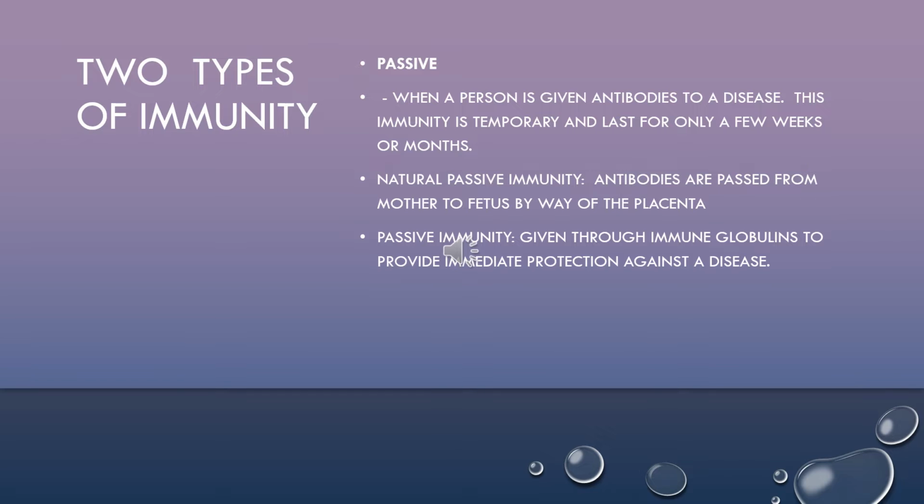The other one is passive immunity, where antibodies are given through immunoglobulins to provide immediate protection against a disease. And I keep going back to COVID, probably because it's just the most recent thing and it's in our minds.